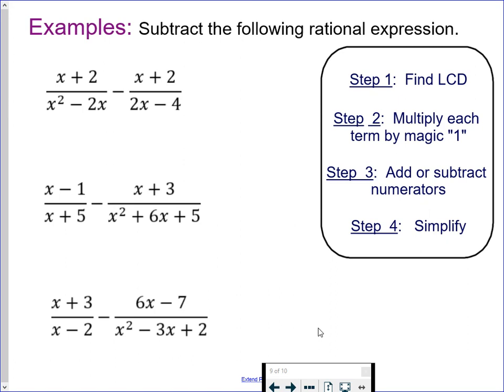Distribute our negative. We get -6x plus 7. Combine like terms, we get 2 minus 6, which gets me a -4. Good. And if I factored it, factors of 4 get me -2 and -2. My -2's cancel. I'm left with x minus 2 over x minus 1.